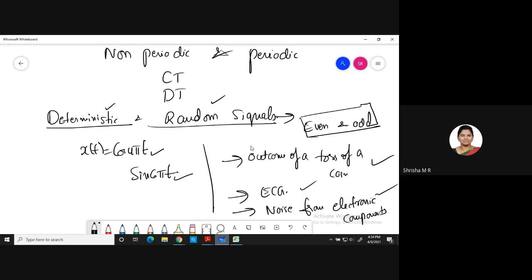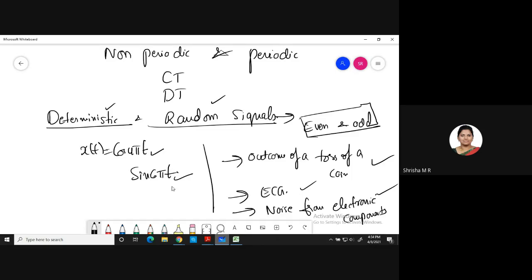For a deterministic signal, given the value of time, you can obtain the exact value of the signal. That is about deterministic and random signals. You just have to know what a deterministic signal is and what a random signal is. Random signals are not predictable, for example the outcome of a toss of a coin, ECG signal, or noise from electronic components.